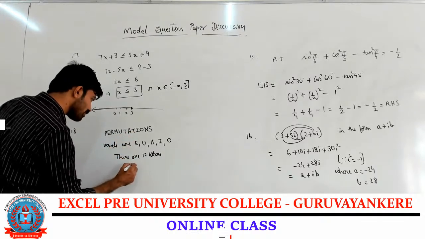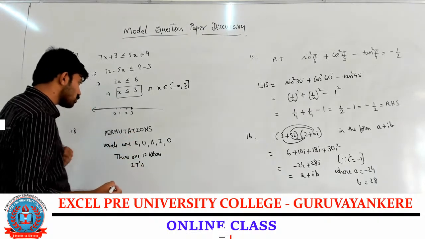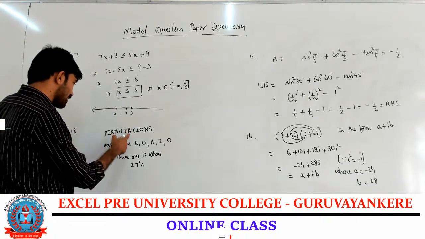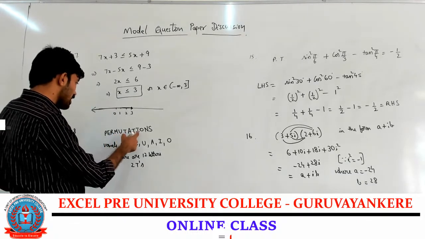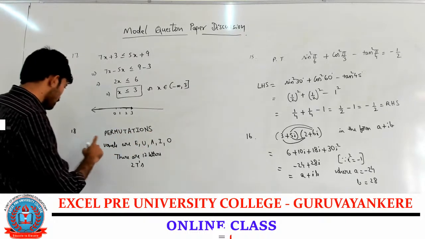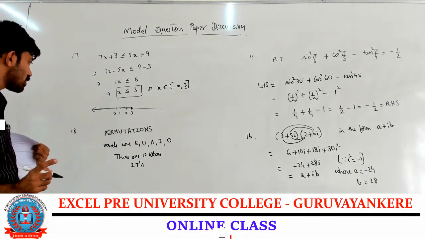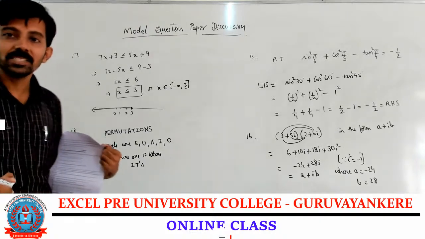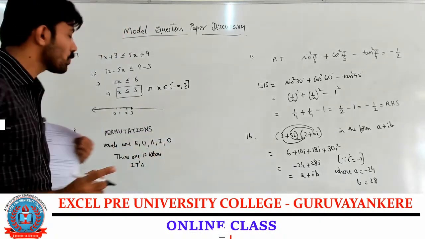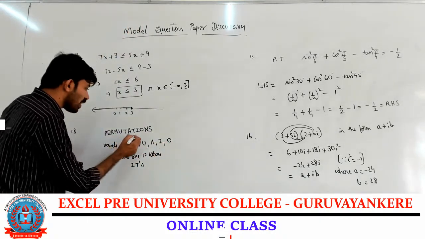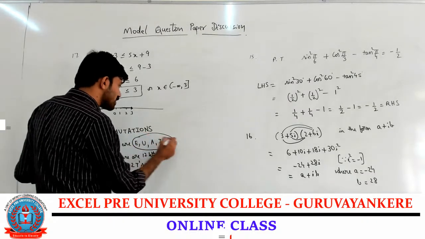There are 2 T's, and A is only once. I, O, N, S are all distinct. The rest are all distinct.